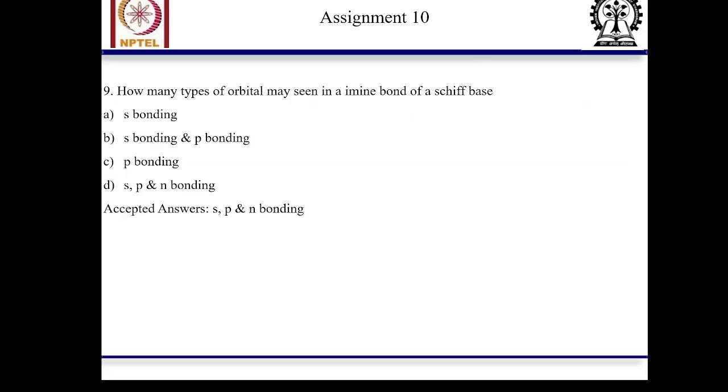Now, how many types of orbital may be seen in the imine band of the C phase?